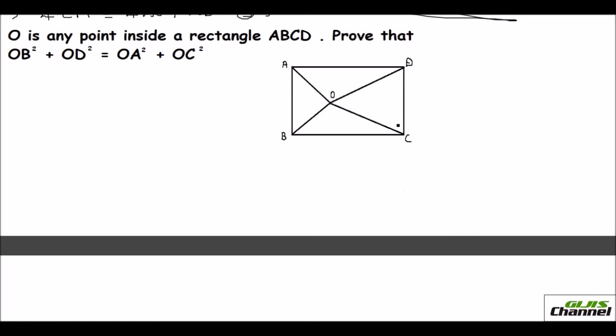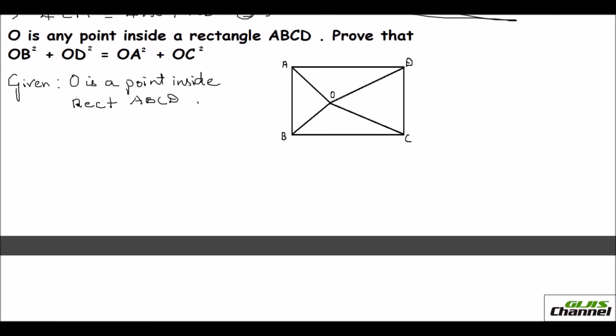Given is the rectangle, and it says that O is a point inside the rectangle. So that is given. O is a point inside the rectangle ABCD. Okay, that is already done, pictured here.